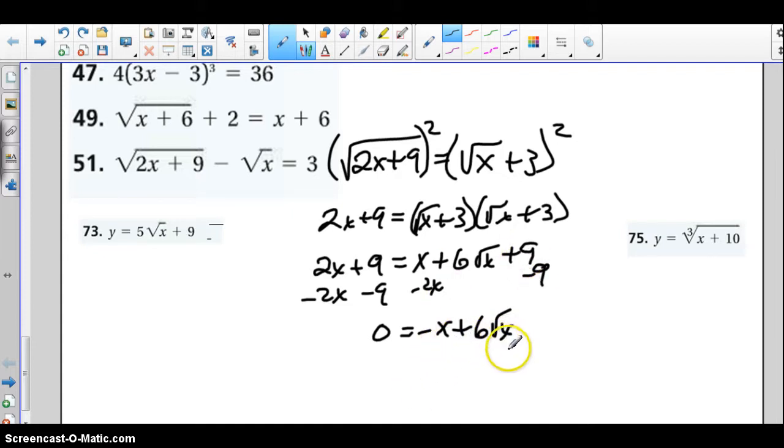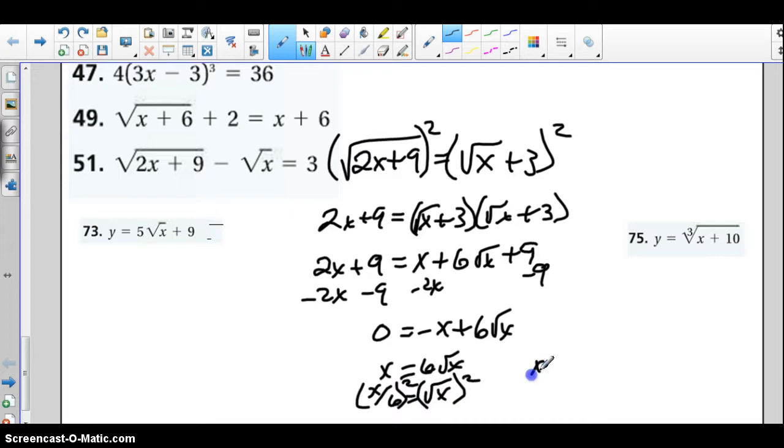Then we're going to have to isolate our radical here. Add x to both sides. Then divide by 6. And we're going to have to square both sides.